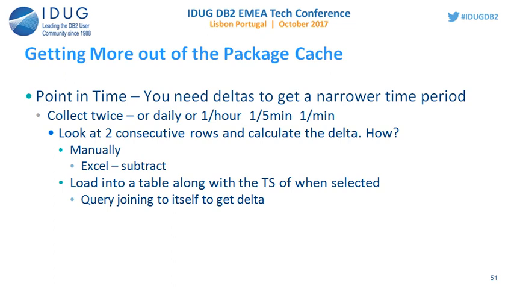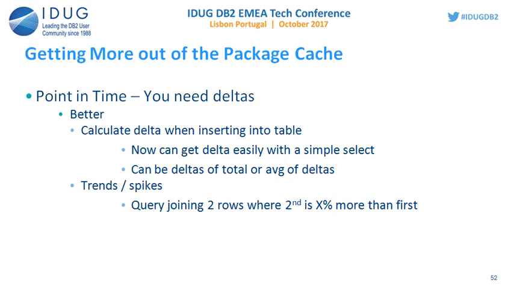Or you could load it into a table along with a timestamp of when you captured it, and then do a query on that table joining two rows where one is the next row after the other. And if you're going to do that, calculate the delta when you insert it into that table. So now you can get the deltas more easily with a simple select.